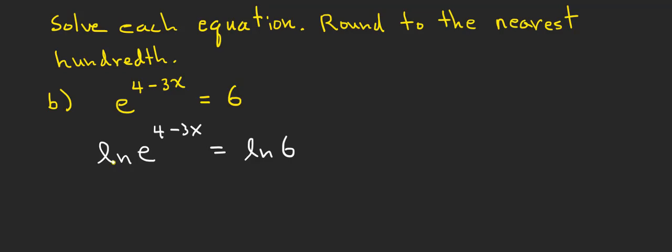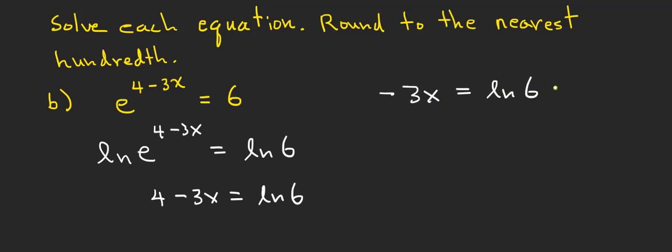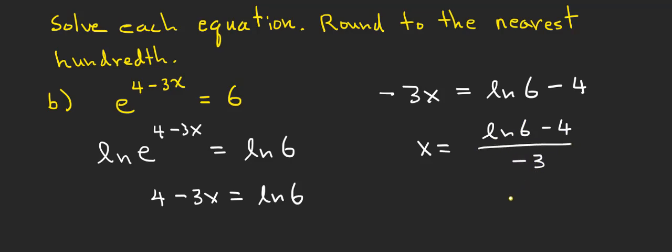Natural log and e cancel out because they're inverses. You get 4 minus 3x equals natural log of 6. And you just have to solve for x, which is negative 3x equals natural log of 6 minus 4, divided on both sides by negative 3. And you get the same thing.